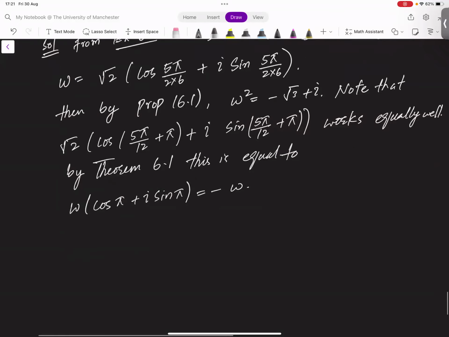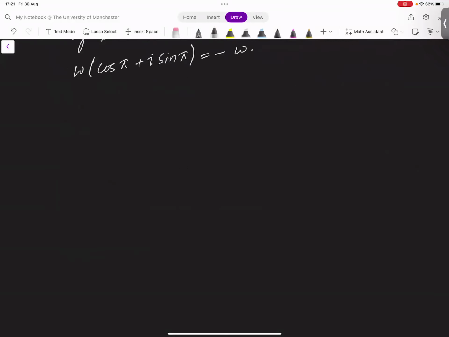Now we talk about the notation e^{iθ}. It is somewhat cumbersome to keep writing cos θ + i sin θ in our notation for complex numbers.